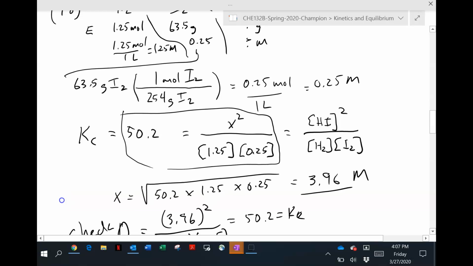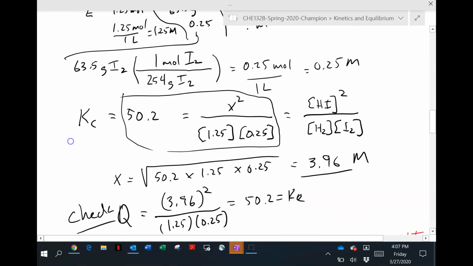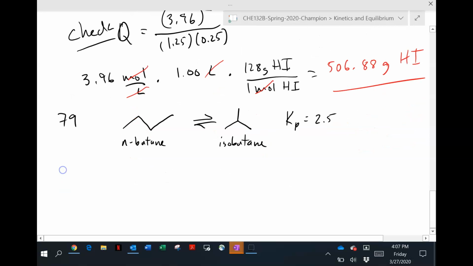And we're told that the total pressure at equilibrium is 1.22. So at equilibrium, the total pressure is going to be the pressure of the N-butane, I'll write NB for that, plus the pressure of isobutane, so I'll write isoB for that. That's going to be 1.22 atms.